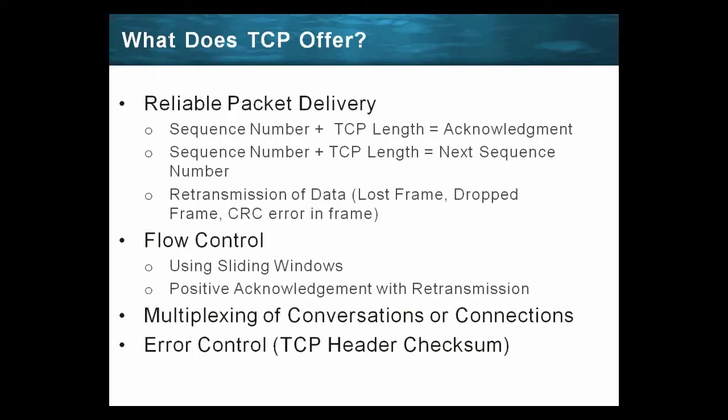We can't send that in one packet, so we have to start breaking that up into pieces that we can move across the network. So sequence number plus length is the next sequence number, based on what you've told the server was your receive window size. And that receive window is how we determine the flow control process for that conversation.